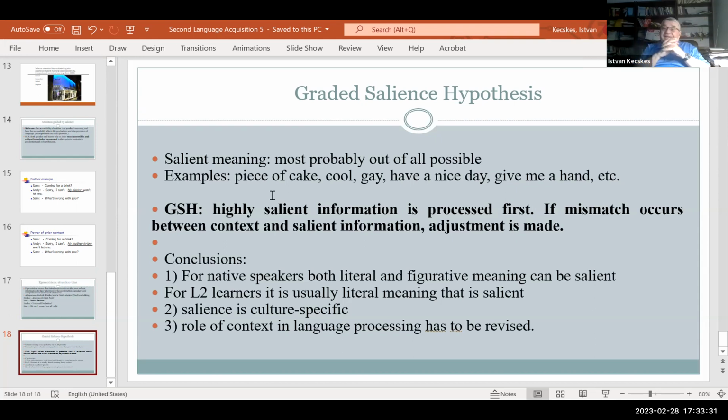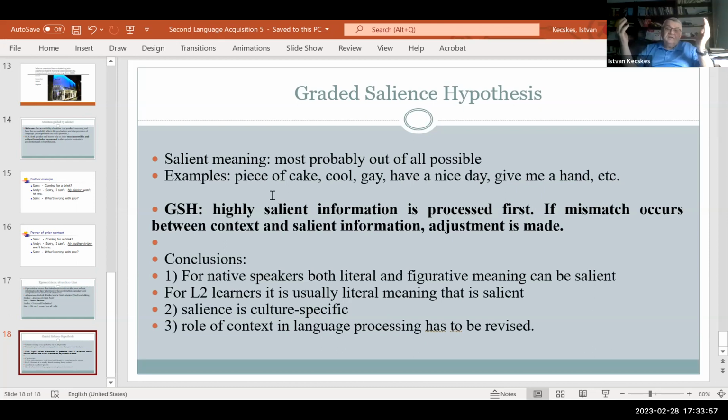But it doesn't work like that for first language users. Why? Because first language users rely on the most salient meaning. It doesn't matter whether this is figurative or literal. It can be either. In the case of "it's not my cup of tea," it's the figurative meaning that comes to your mind first.